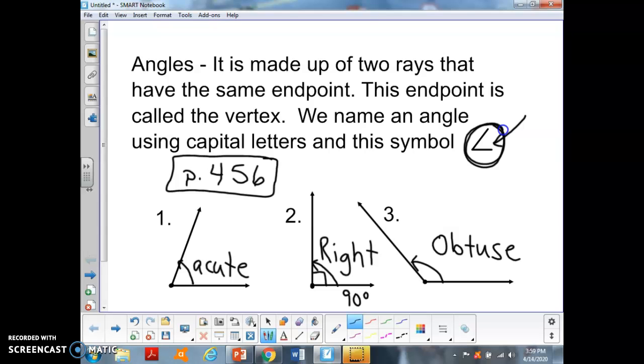And then our obtuse, which is greater than 90 degrees. Okay? So, an angle made up of two rays. Here's one. Here's the second one. Same endpoint, called the vertex, and we label it using this symbol. And I'll show you that more on the next slide.